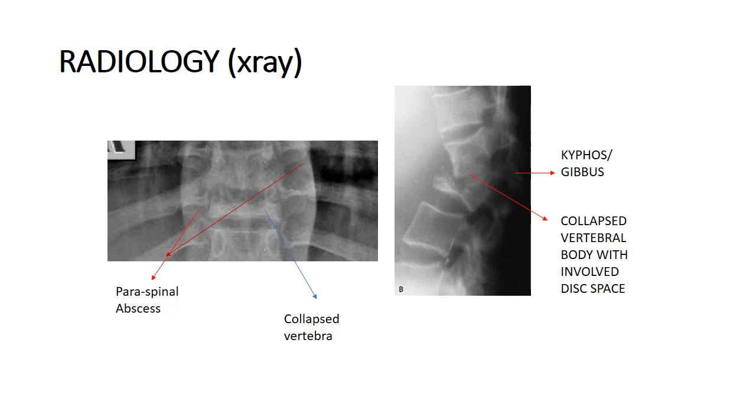In the X-ray, on the AP view of this area of spine, you see a vertebral body here and a vertebral body here, but the involved vertebra is collapsed. The height of the involved vertebra is less than the upper and lower vertebra.